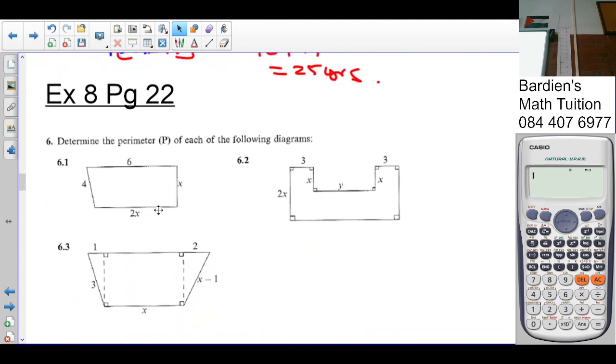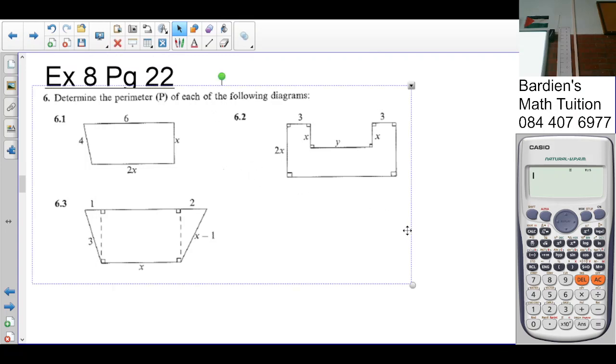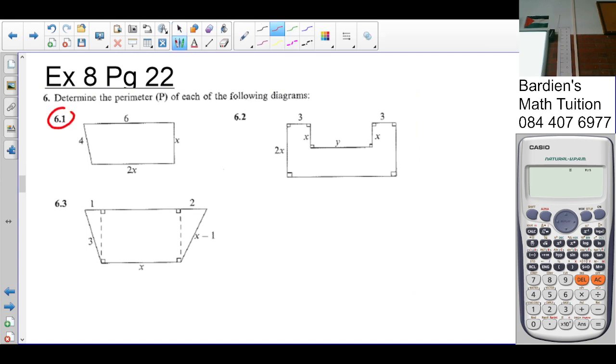Number 6. Determine the perimeter P of each of the following diagrams. Let's look at 6.1. We start here: 6 plus x plus 2x plus 4.